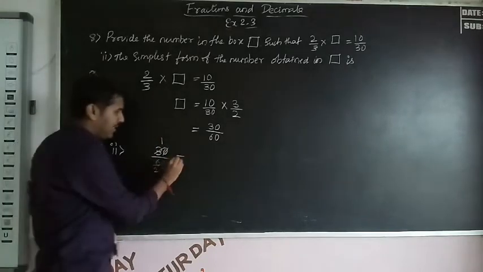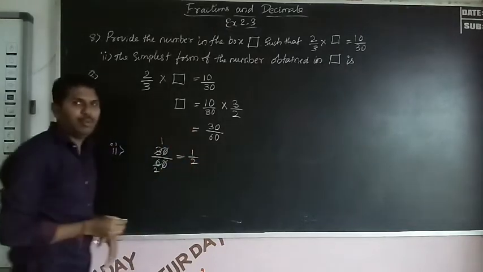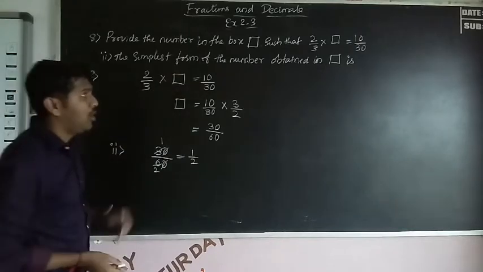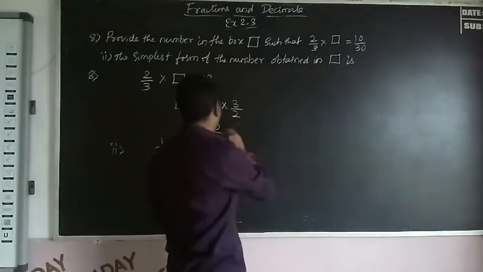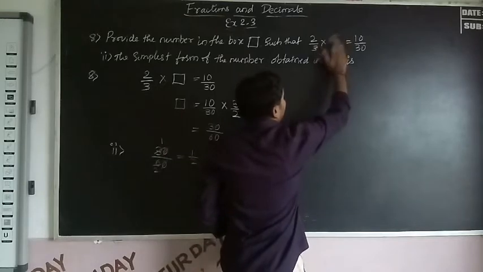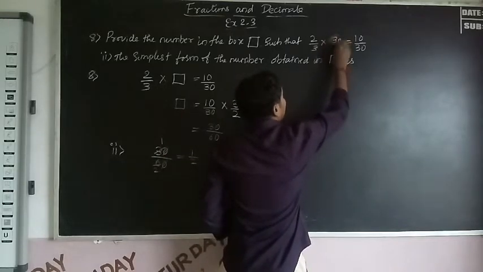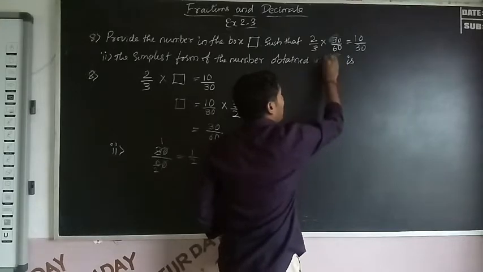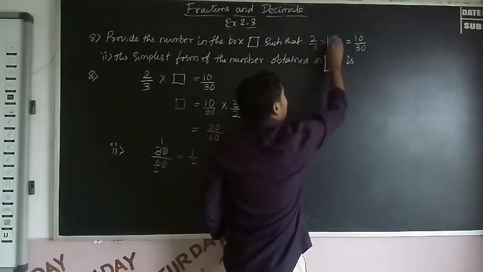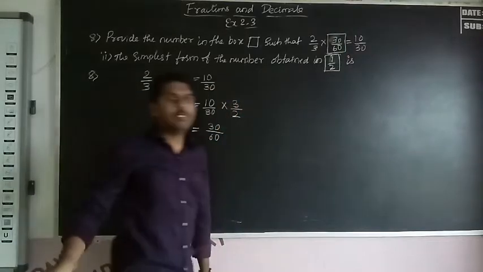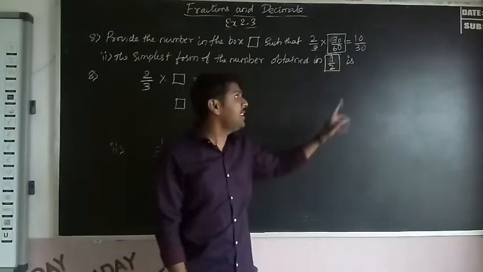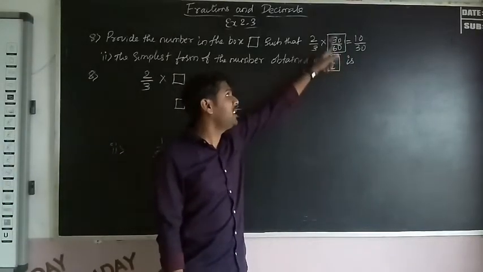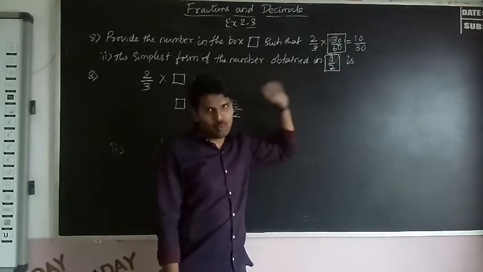So what is the answer? 1 by 2. So therefore the answer is, first one, box is 30 by 60. Second one, the simplest form of 30 by 60 is 1 by 2.